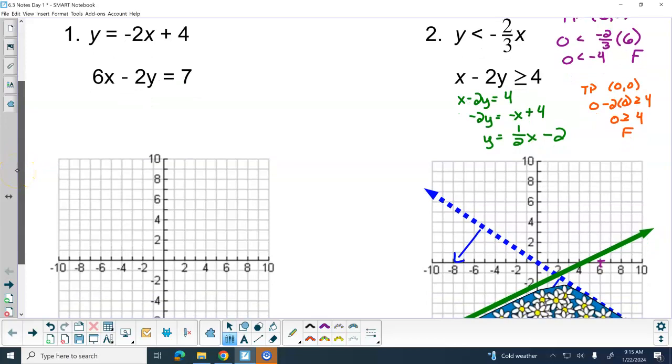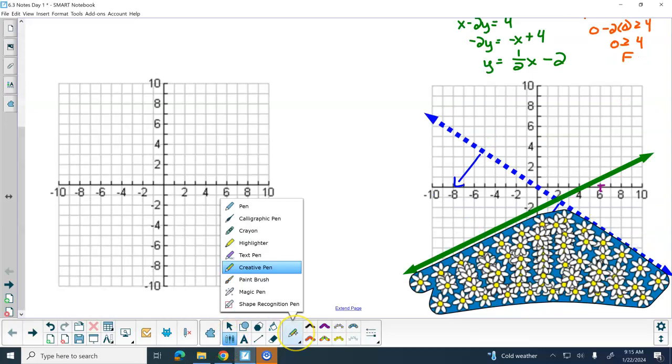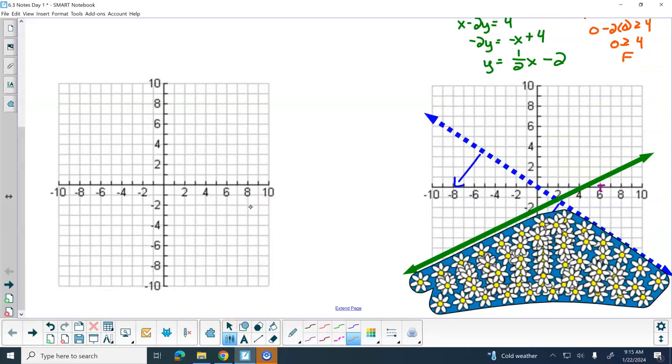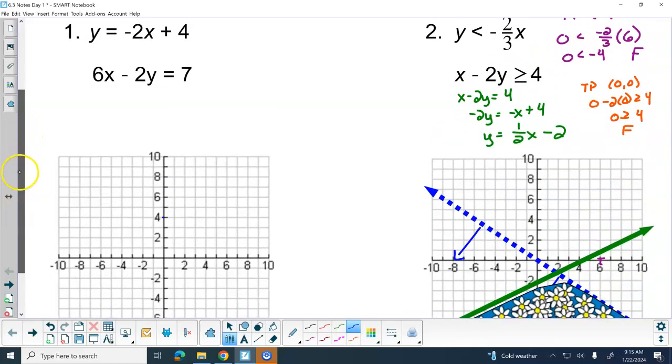So y equals negative 2x plus 4. That's going to be, this should go here, and then here, and then negative 2x plus 4. So that's a y-intercept of positive 4, and a slope of negative 2.